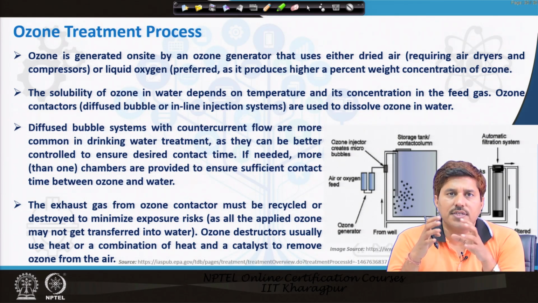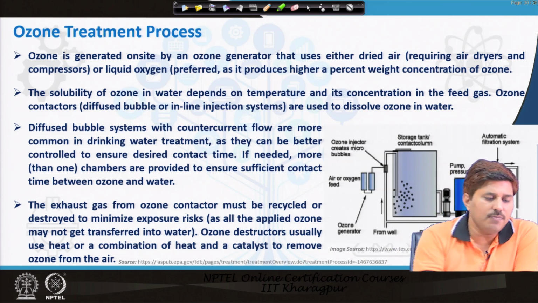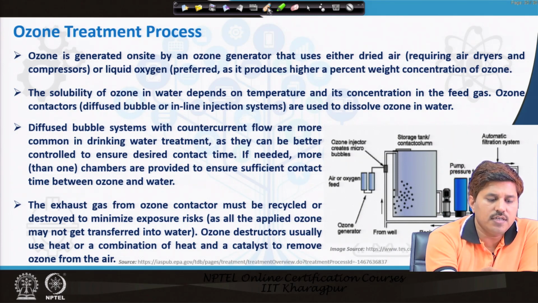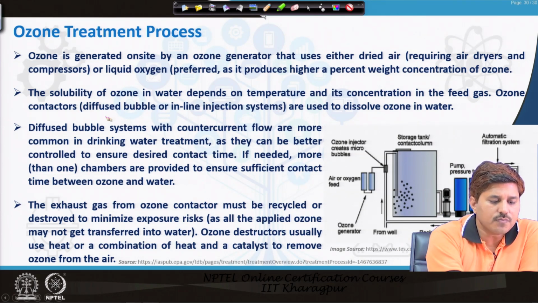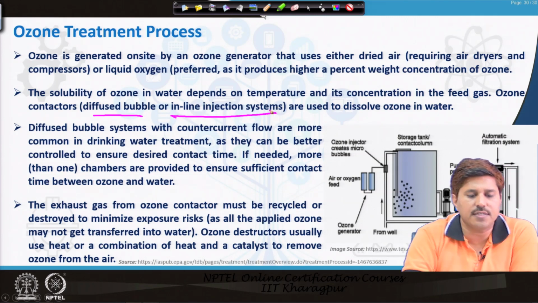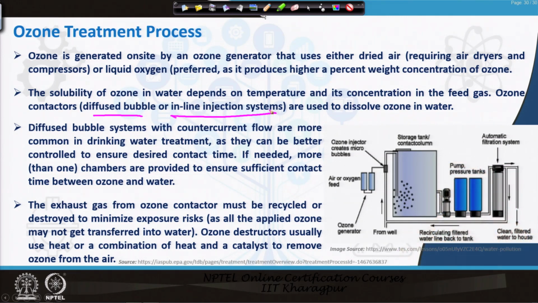The ozone contactors are generally of two types. We can have the diffused bubble contactor or the inline injection system, which is used for dissolving ozone in the water. The diffused bubble system may be of the counter current flow. Generally it is of counter current flow.